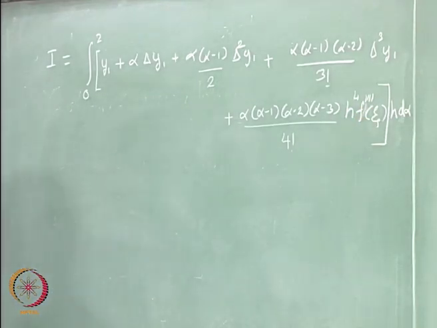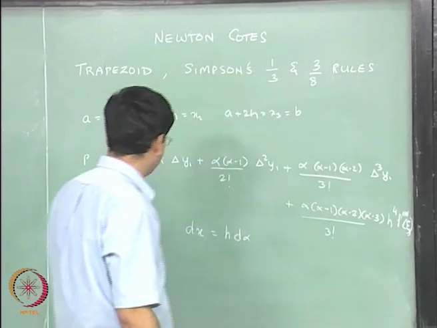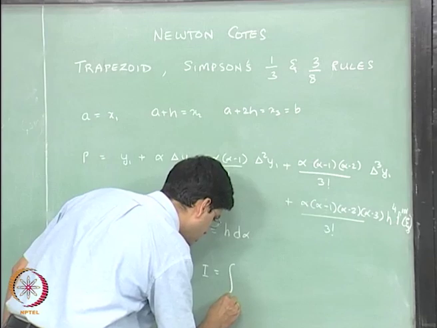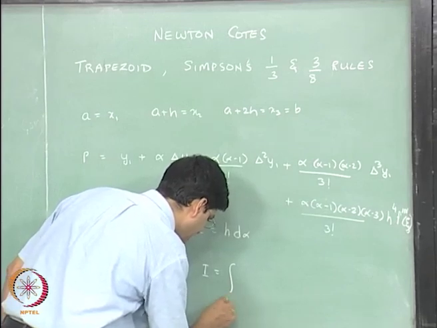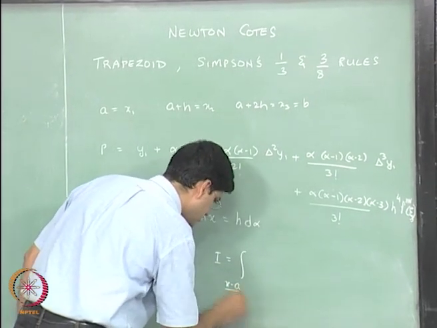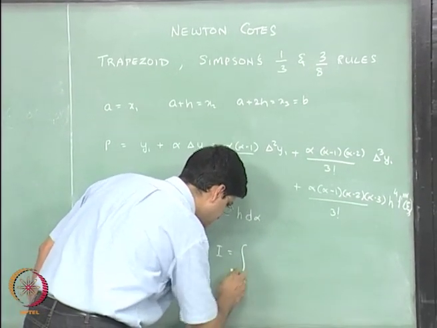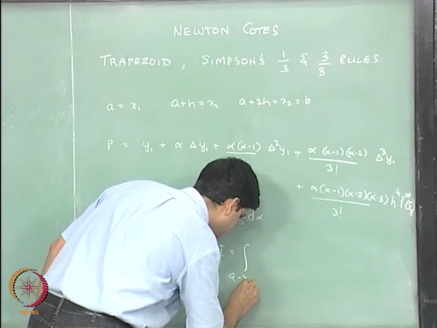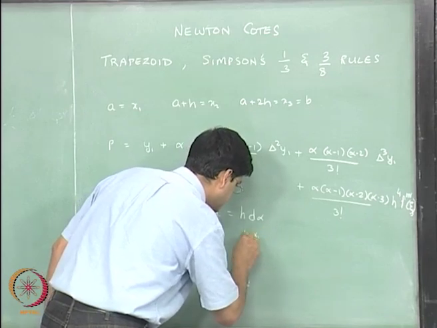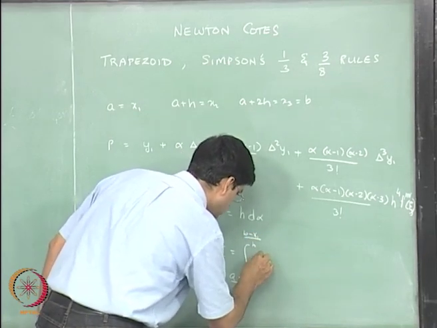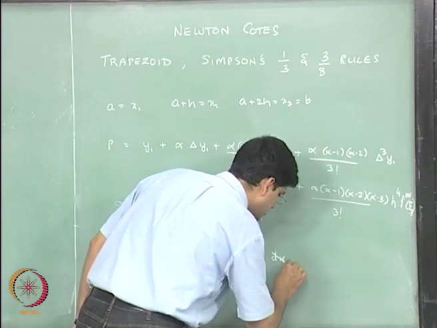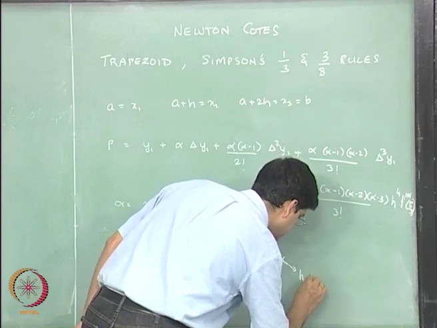Remember what we want to do, our I is nothing but the integral from a minus x1 divided by h to b minus x1 divided by h of p dx, and dx is going to be replaced by h d alpha.